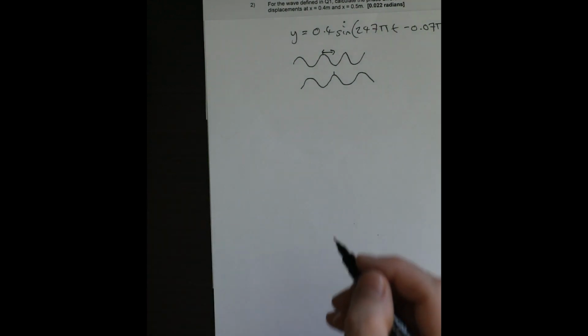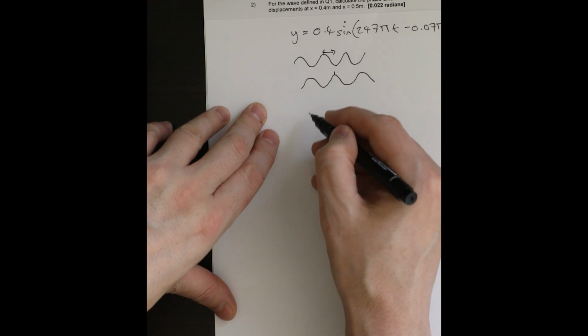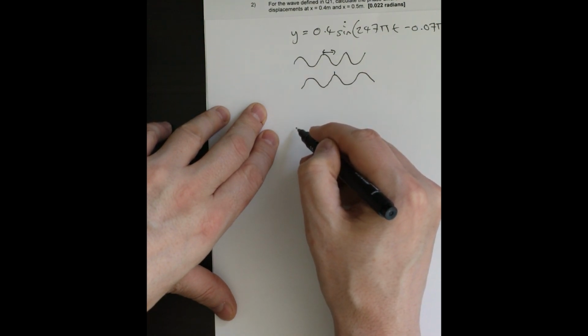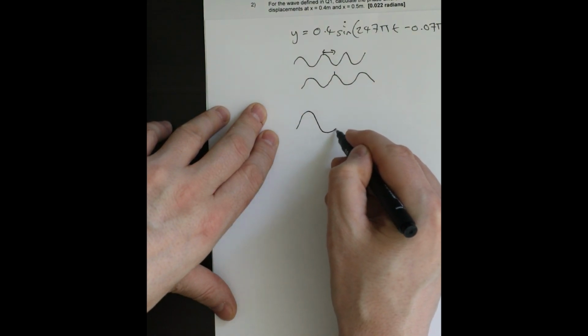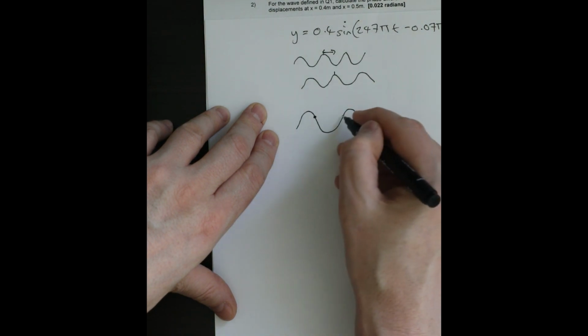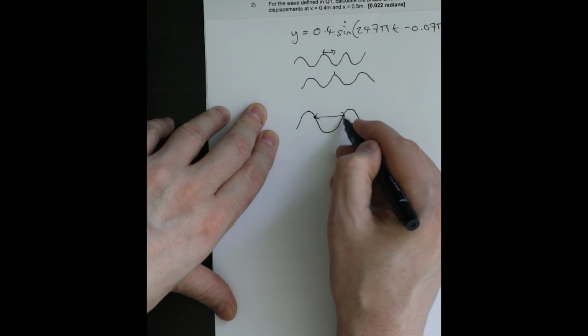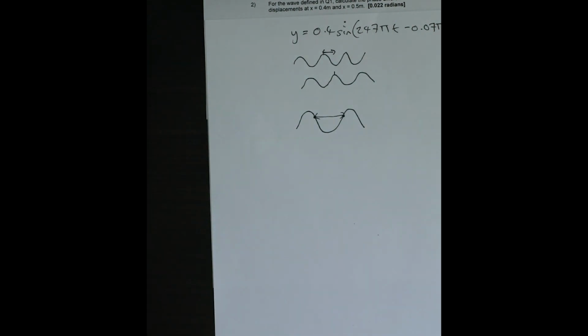Okay, so that's one description of phase difference. But the phase difference can also be described for a single wave as the offset between 2 points on that wave. So for instance, if I have a point here and a point here, then I can describe the phase difference as this distance here between the two.